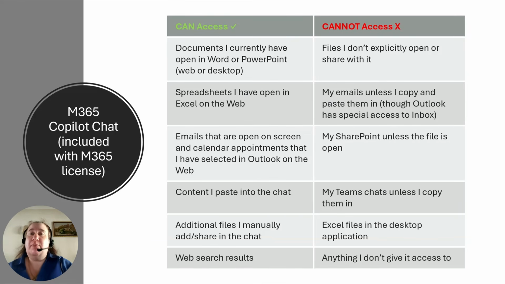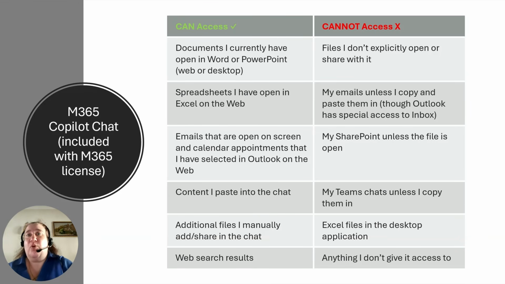Spreadsheets that are open, but only in Excel on the web. If you're in Outlook on the web, it can access the content of the email that's selected and open on screen, and some calendar appointments. I can always paste content into the chat to ask it to work on. Plus, any files that I choose to manually share, by clicking the plus button, the chat will be able to work with. Of course, like the others, it can still search the web to find answers.